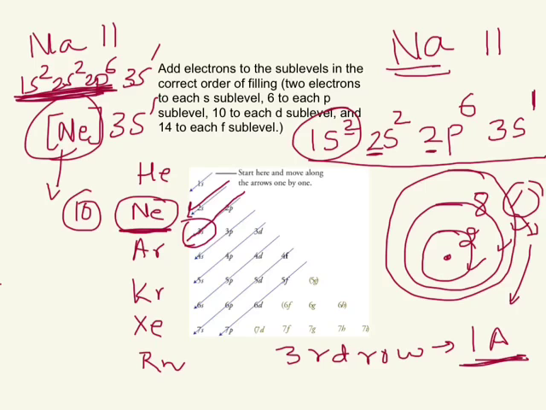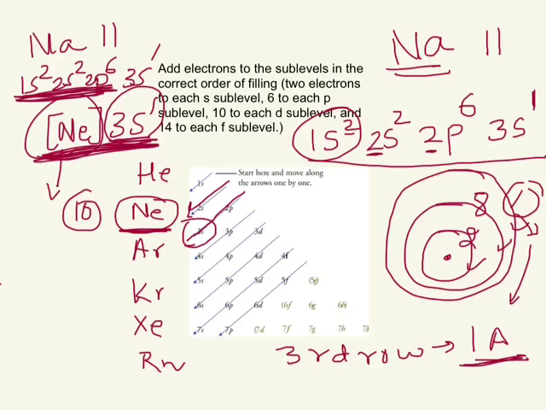Because what we care about is how many electrons are present in the outermost shell. Electronic configuration basically helps us to explain the chemical properties of an element, and all the properties can be explained just by looking at the electrons present in the outermost shell. So this is the noble gas abbreviation of sodium.